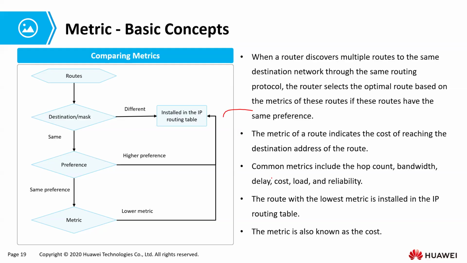Common metrics include hop count, which is for RIP, and bandwidth for OSPF. Others include delay, load, and reliability. If there is no reliability, the cost becomes high, therefore that route is not installed in the routing table. So it's another metric that is used. The metric is also known as the cost. The route with the lowest metric, I think we've touched on that.